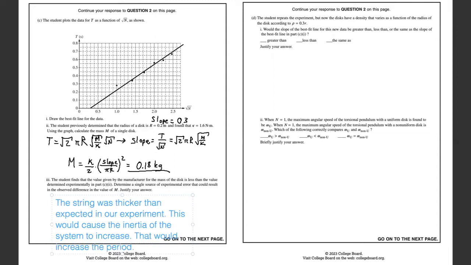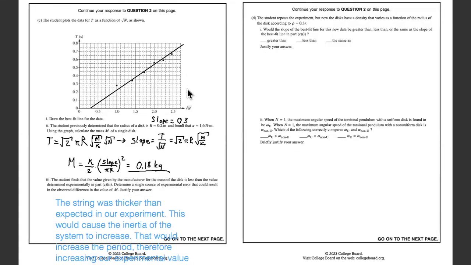Increasing the period, as we showed in the previous part, is going to therefore increase the mass because the mass is proportional to slope. Therefore, increasing our experimental value of mass. Good. And I think that's a good description. You guys might have had different responses for that. Obviously, that's fine. College Board will take that into account when they actually score it.